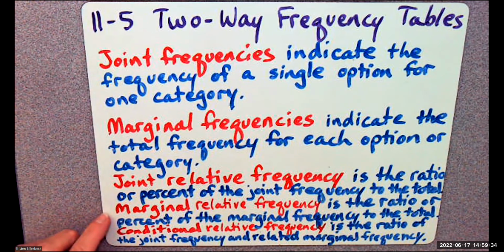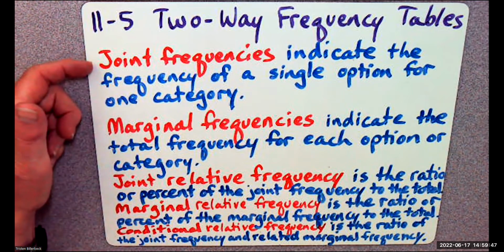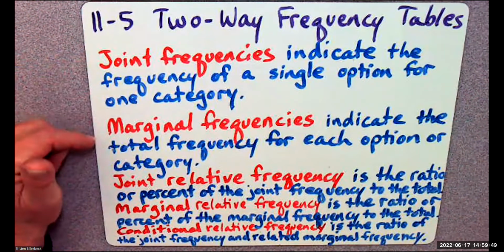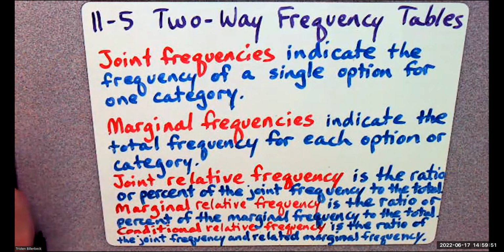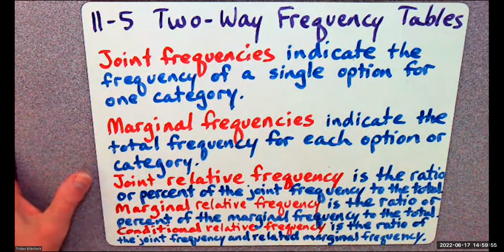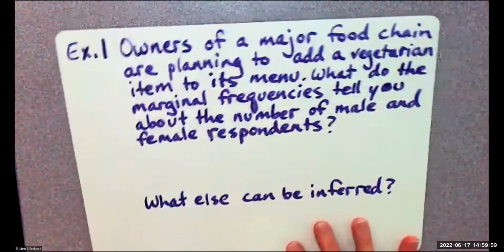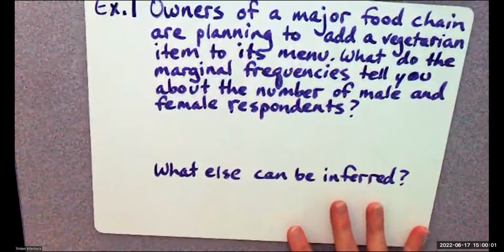Marginal relative frequency is the ratio or percent of the marginal frequency to the total. And conditional relative frequency is the ratio of the joint frequency related to the marginal frequency. So we'll try to keep those all straight as we march through this last lesson of Envision Algebra 1.